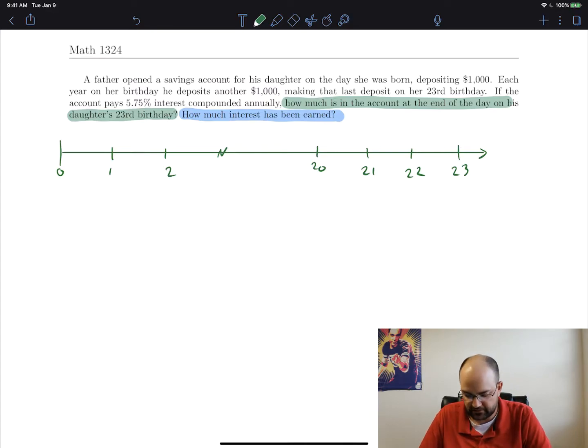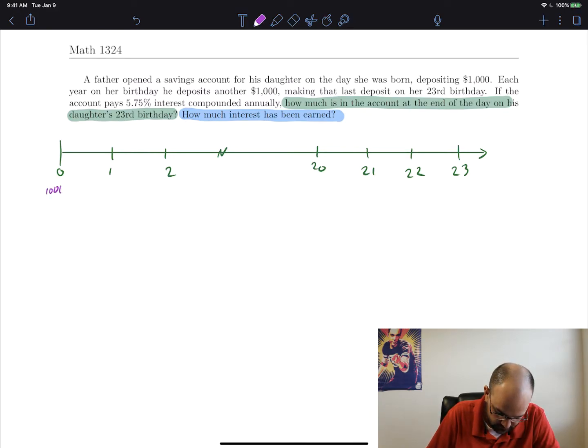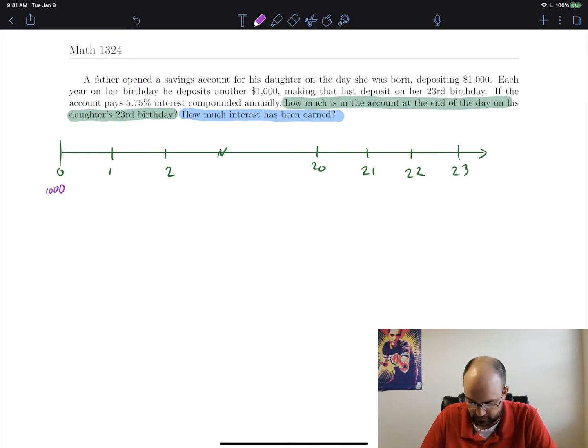Let's just think of this as a timeline. 0 is when she's born, 1 is her first birthday, 2 is the second birthday, and so on and so forth. And what is the father doing? On the day of her birth, he put $1,000. Then he put $1,000 on her first birthday, $1,000 on her second birthday, and so on and so forth.